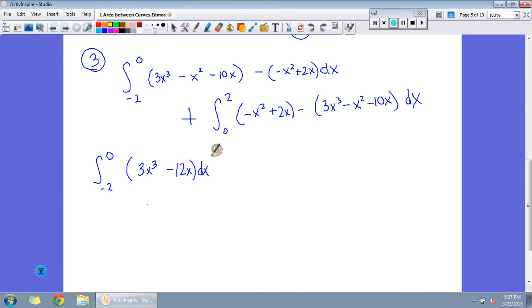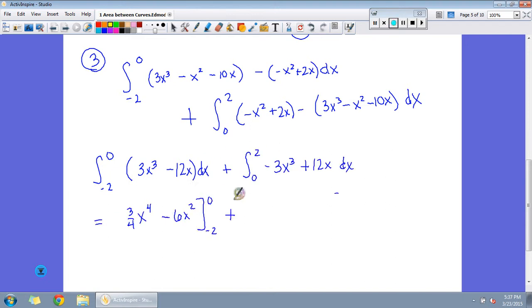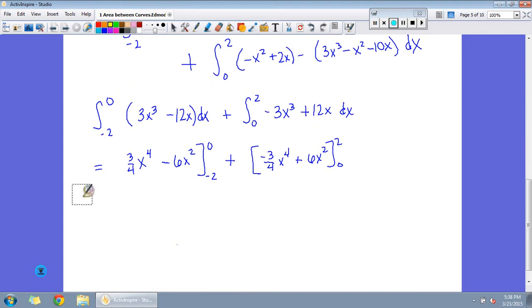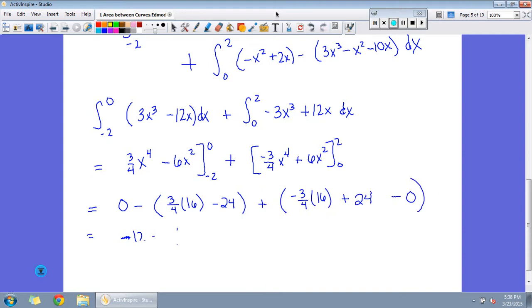When you combine like terms and then integrate, and then plug in the numbers. Let's see, 3/4 times 16, that's going to be 4 times 3, which is 12.